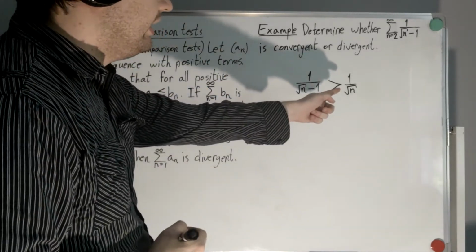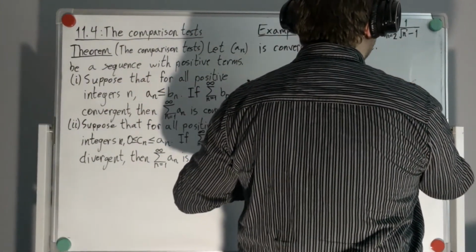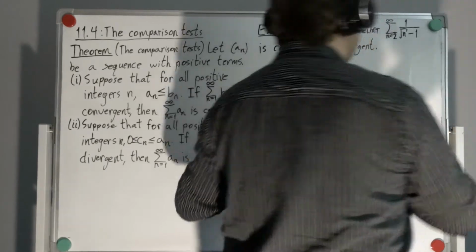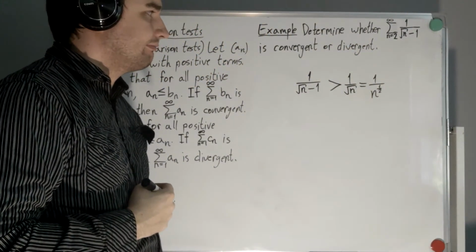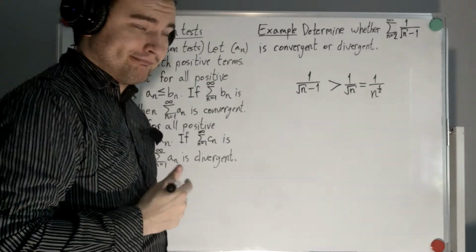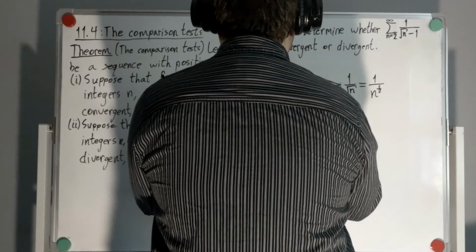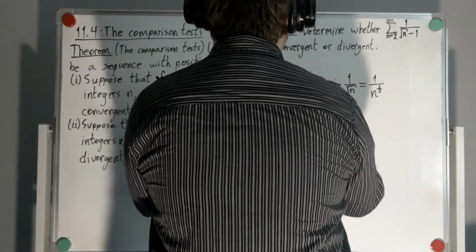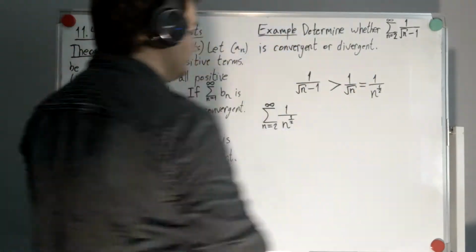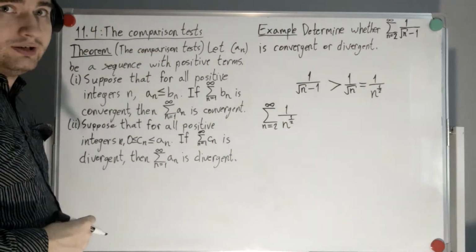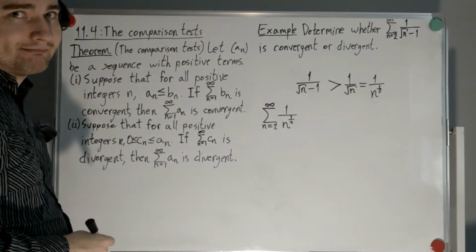Now, this thing right here, the square root of n, is also known as n to the 1/2 power. So, what we're dealing with here is the sum from n equals 2 to infinity of 1 over n to the 1/2 power. That's a P-series.